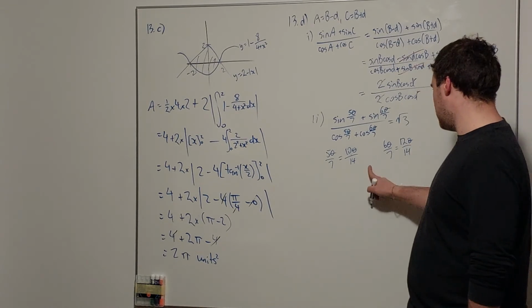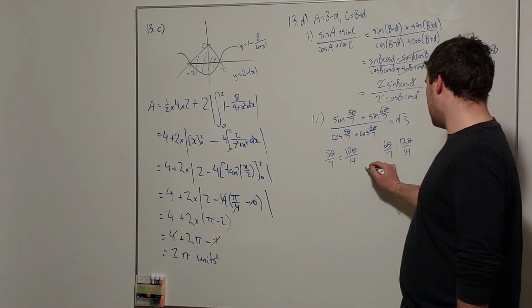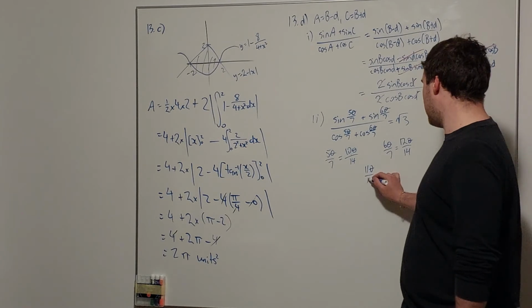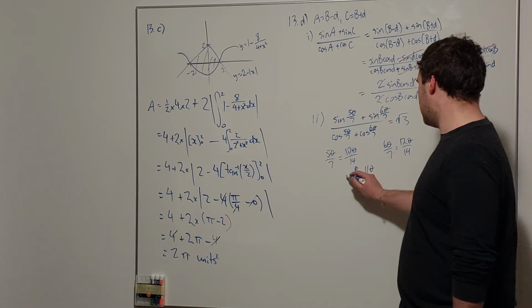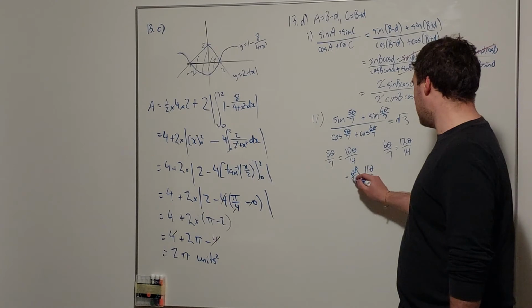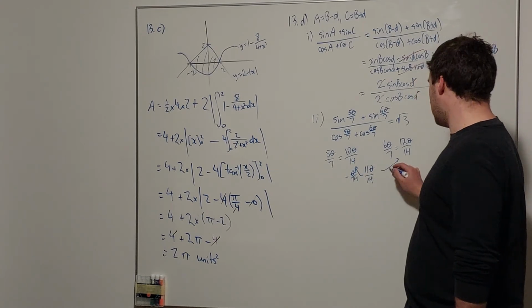So in the middle we've gone from 11 theta on 14, and we've minused 1 theta on 14, and going this side we've plus theta on 14.